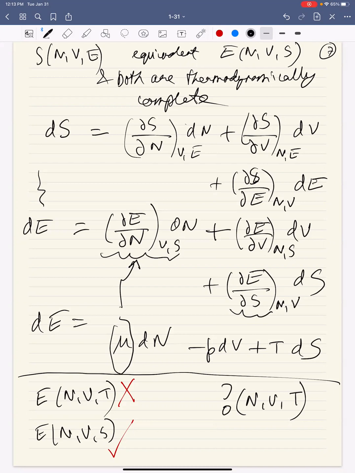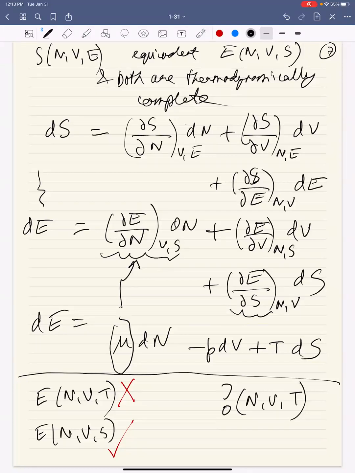But they don't tell us the direction of spontaneous change. E of NVT does not tell me whether an egg dropping on the ground is spontaneous or whether the egg magically jumping up from the ground and reforming is spontaneous. That's the point. So is there a state function that depends on NVT and is also thermodynamically complete?